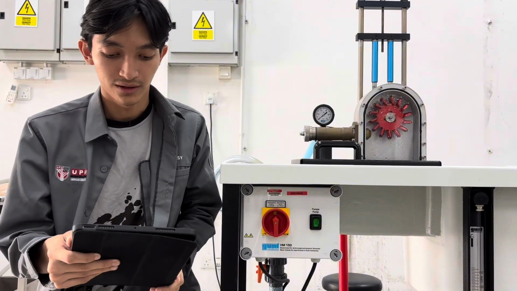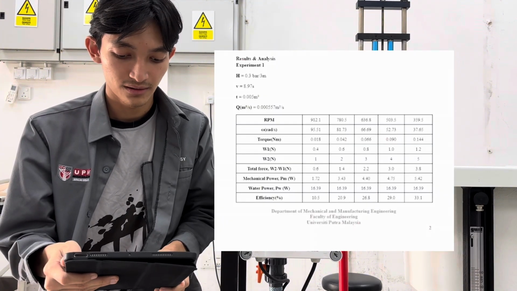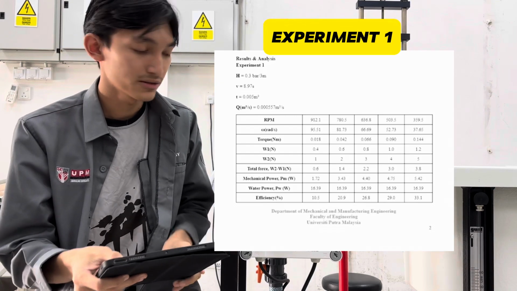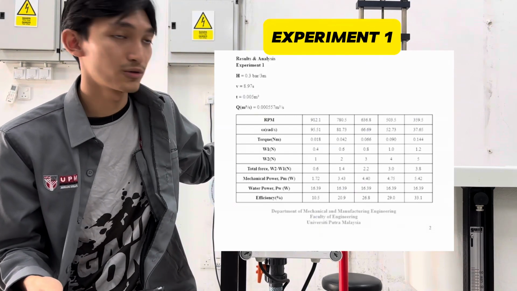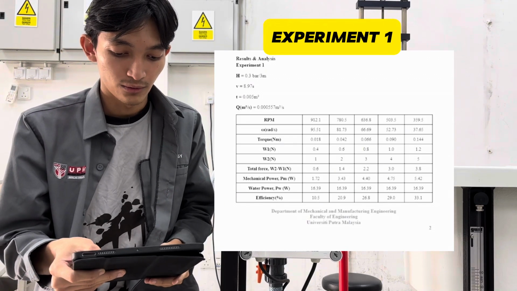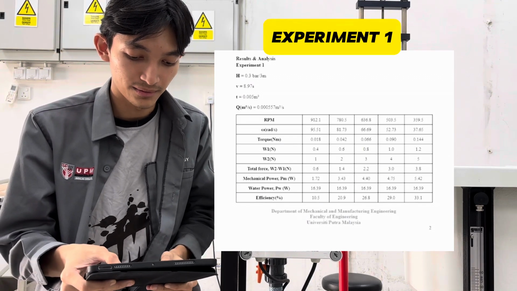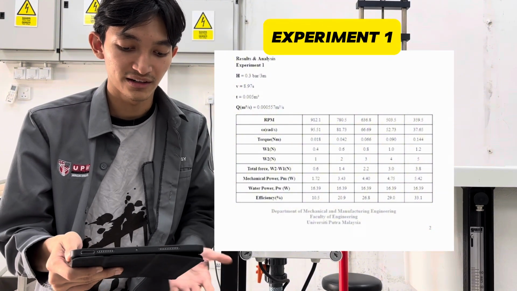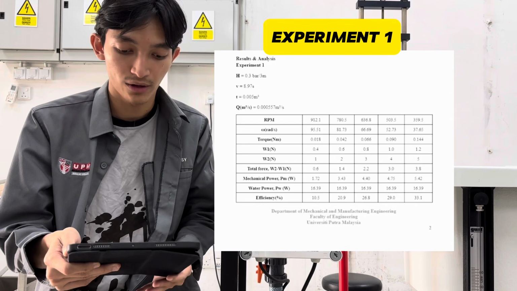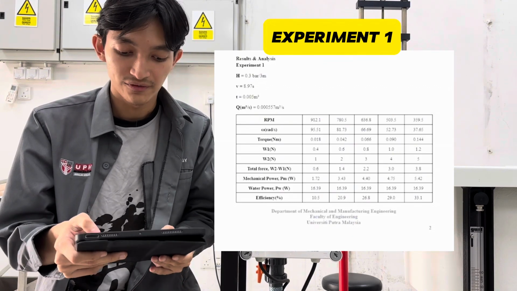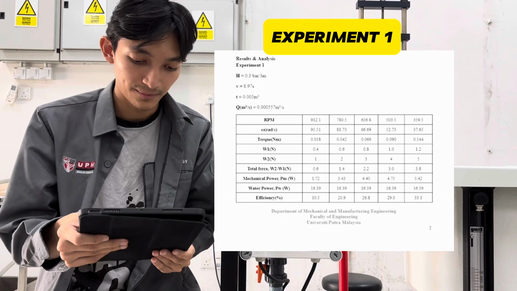For the first experiment, we set up the H, which is the pressure, at 0.3. In this data, we already tabulated in the table. The RPM is decreasing from 912.1 RPM to 359.5 RPM.